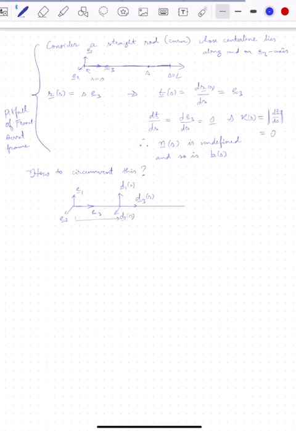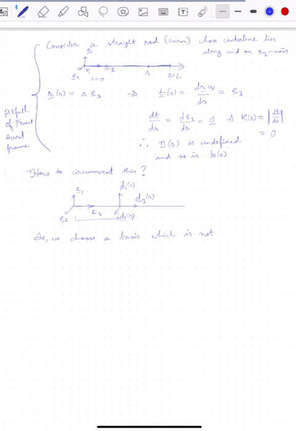And so we choose a basis which is not obtained by differentiating one against the other, right?